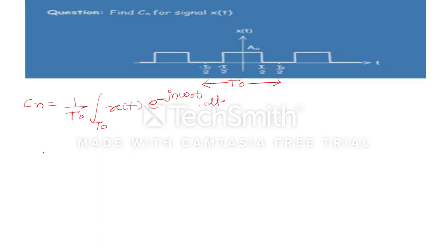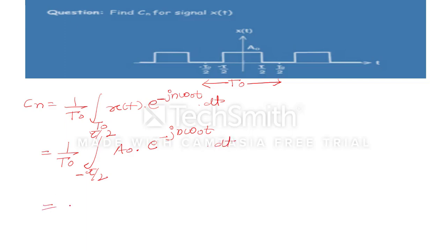Here the time period is t naught, so 1 upon t naught, and the signal is present from minus tau by 2 to tau by 2, and the signal is a naught multiplied by e to the power minus j n omega naught t dt.